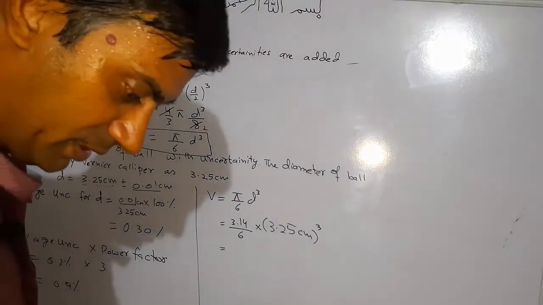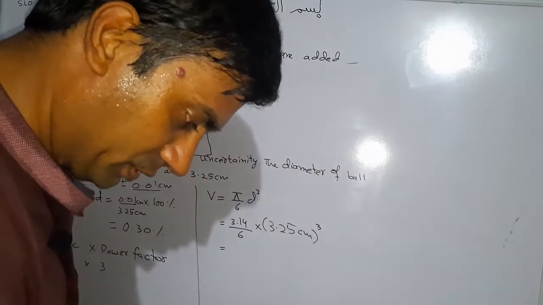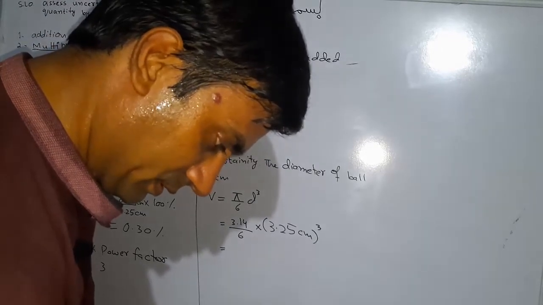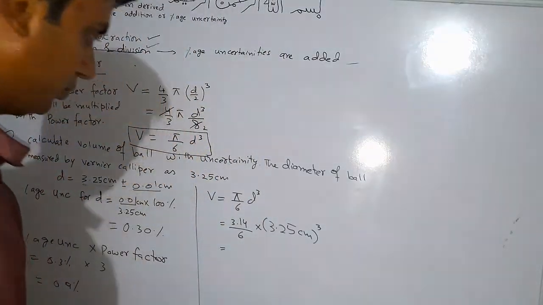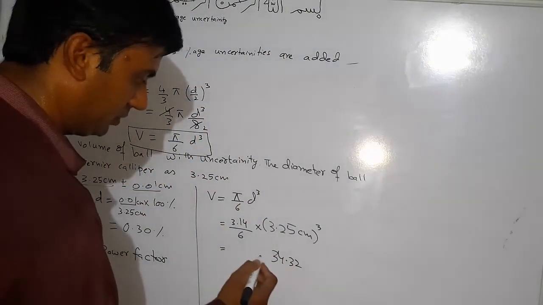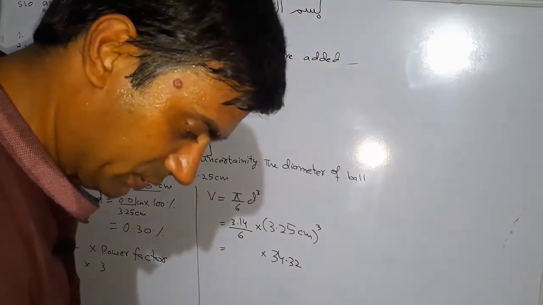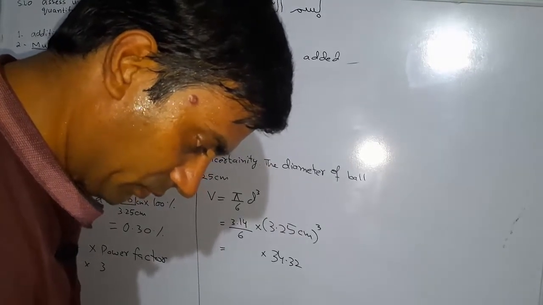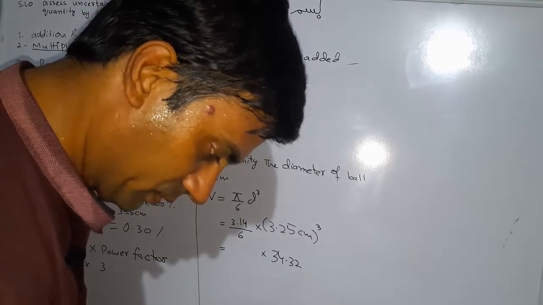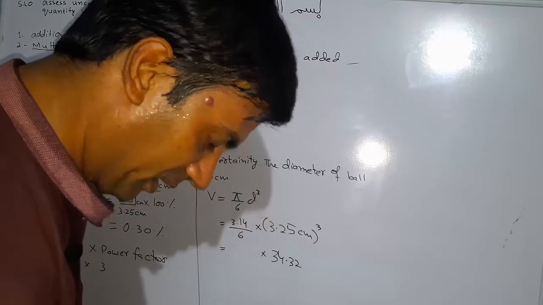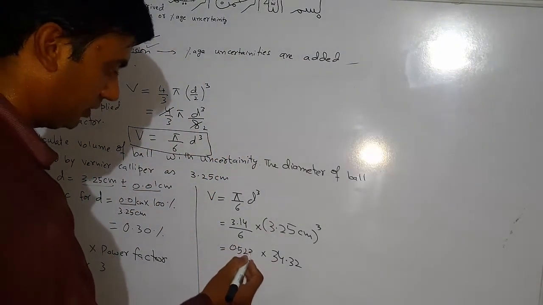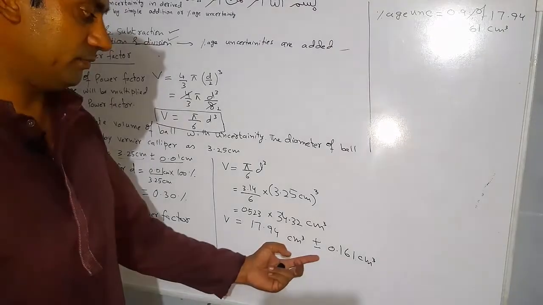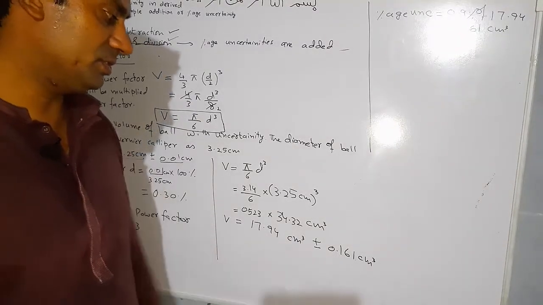So 3.25 cube is 34.32, multiplied by 3.14 over 6, which is 0.5233. So the final answer will be 17.94 centimeter cube with uncertainty, meaning plus minus 0.161 centimeter cube.